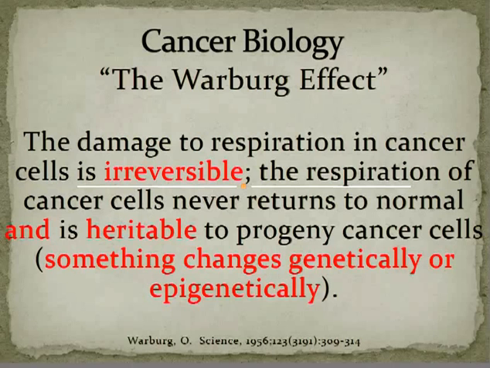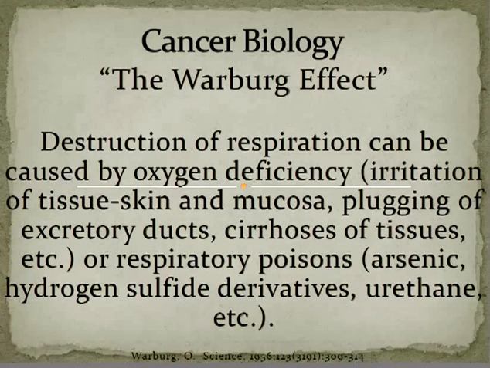And then he cited a bunch of examples of this, where chronic irritation of skin resulting in cancerous lesions, or mucosa, or plugging of excretory ducts in our body, bile ducts, scarring, and chronic inflammation, cirrhoses of tissues, respiratory poisons, arsenic, in other words, another way of poisoning the aerobic metabolism of the cell, forcing it to a glycolytic pathway, hydrogen sulfide derivatives, urethane, etc. And he had quite a few examples of this.